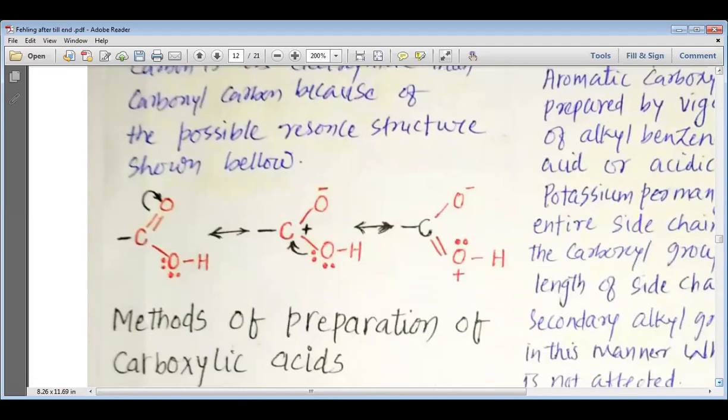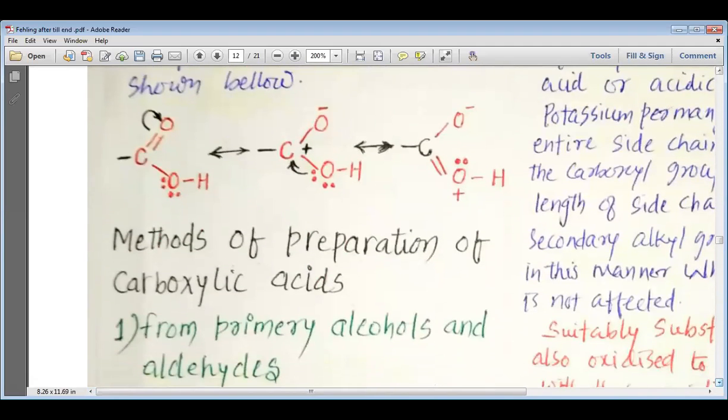Let us study this. First thing you need to mind is this carboxyl carbon is comparatively less positive as compared to the carbonyl carbon.